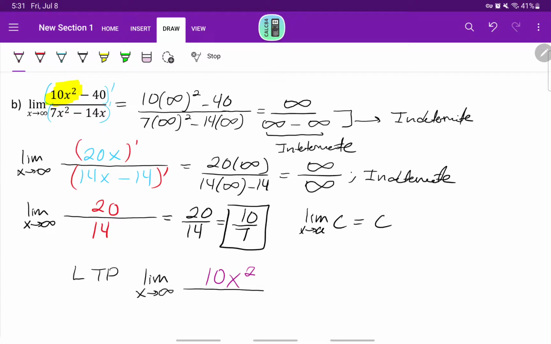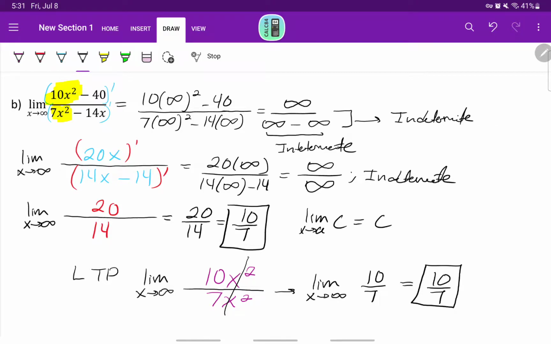The leading term in my denominator is 7x squared. As we can see here, the x squared terms simplify each other out. The limit as x approaches infinity of 10 over 7. And once again, the limit of a constant is the constant. That is 10 over 7.